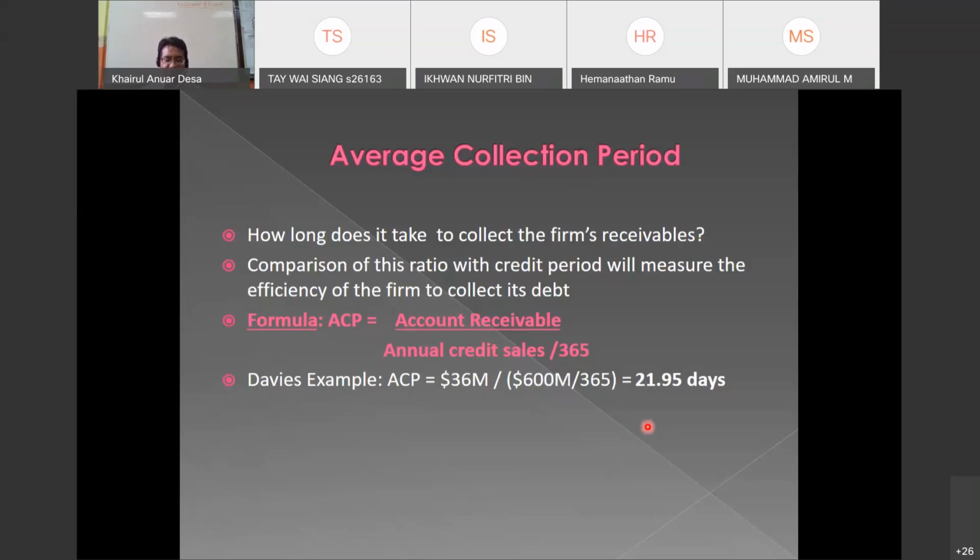Saiful Nizar, Muhammad Saiful Nizar. Adakah syarikat kita cukup bagus? Dan bagaimana kita nak menentukan bagusnya syarikat kita dalam kutipan account receivable ini?